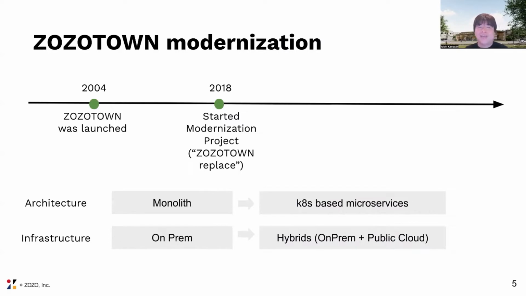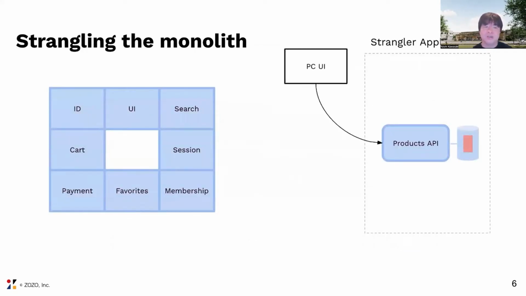In 2018, in order to scale our business, we started a modernization project called the ZOZOTOWN Replace, where we migrated the monolithic application to container-based microservices on cloud. So we incrementally migrated a legacy application by gradually replacing specific functions with a newly developed application on cloud.